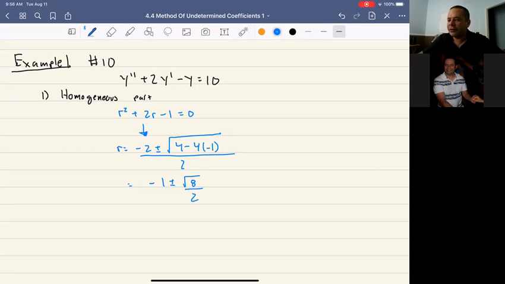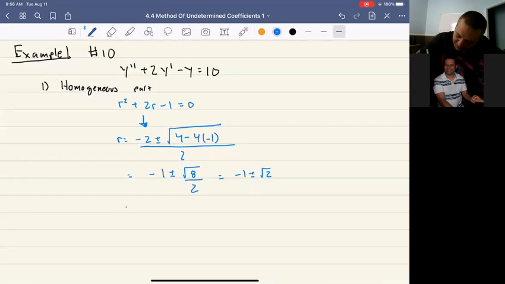Square root of 8 over 2 is square root of 2. So r plus is -1 + √2, and r minus is -1 - √2.